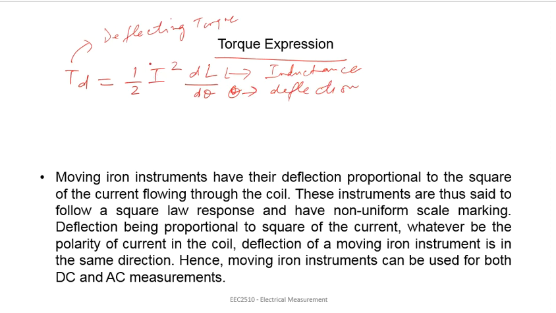So in terms of this inductance, deflection and current, we can write the expression for the deflecting torque to be 1 by 2 I square dL over d theta, whereas the controlling torque can be written as k theta.